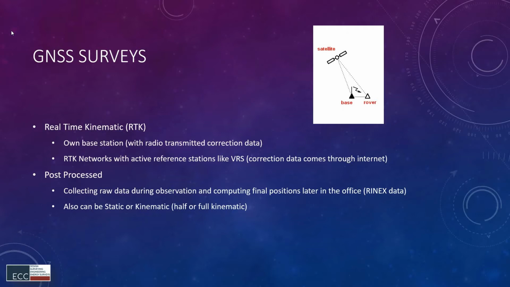So for GNSS survey, I call it GNSS because it's commonly called GPS, but GPS is just the US type of GNSS system. In the EU we have Galileo, and Russia has GLONASS, and bigger countries like China have their own as well.